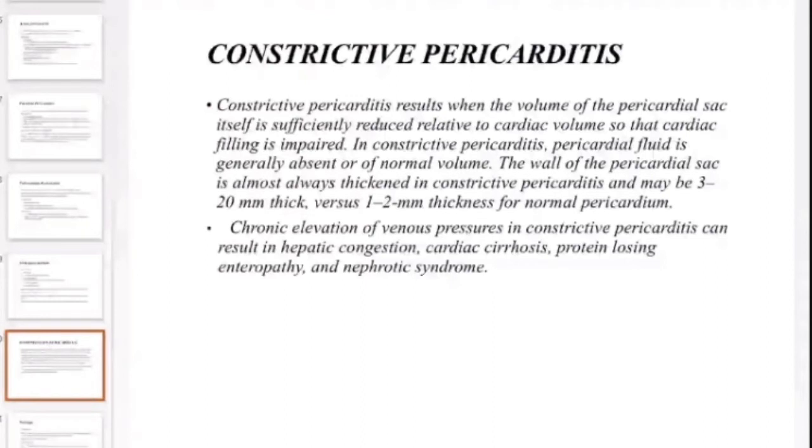It will be restricted, so cardiac filling will be impaired, and there will be gradually absent or abnormal volume. The wall of the pericardial sac is almost always thickened.